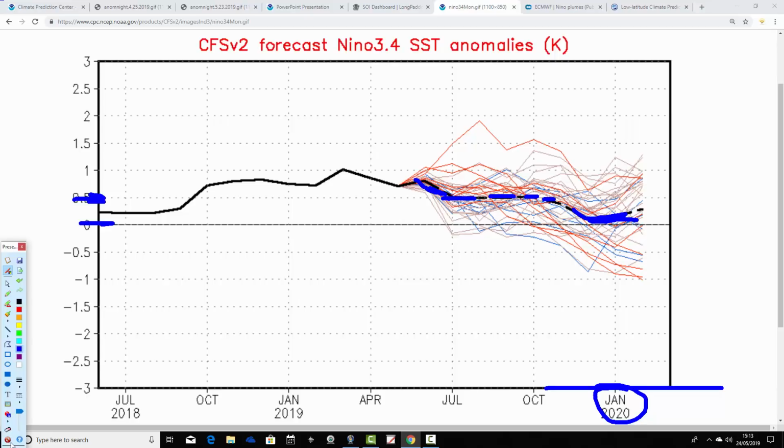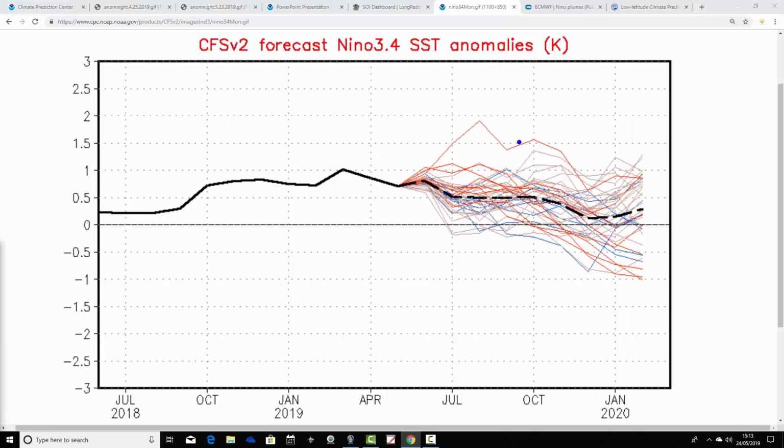One other thing to point out with this is that the red coloured lines are the oldest ensemble members. A lot of those are up here, quite warm. The blue coloured lines are the latest members of the ensemble plume, and they're lower. So it does appear that the CFS V2 is very gradually reducing its temperature forecast for the central part of the Equatorial Pacific Ocean in terms of the sea surface temperature anomalies.